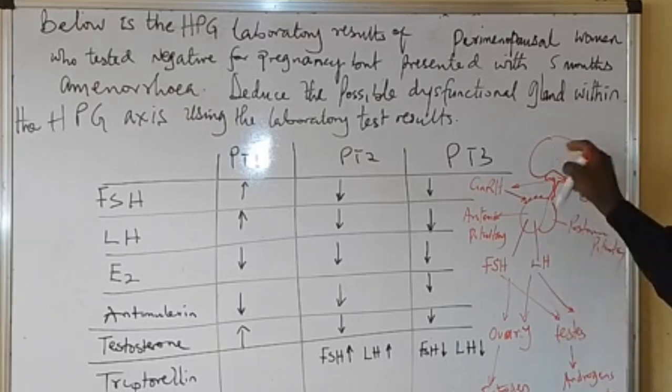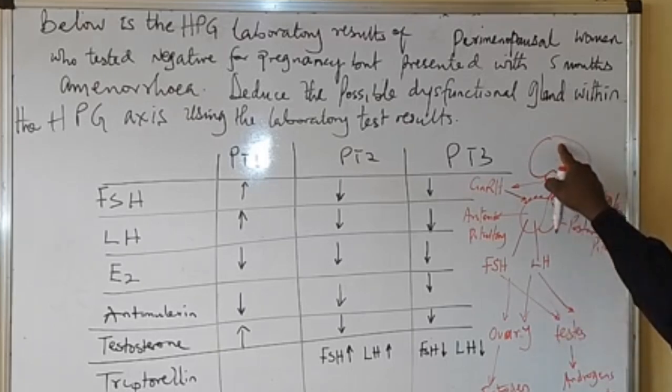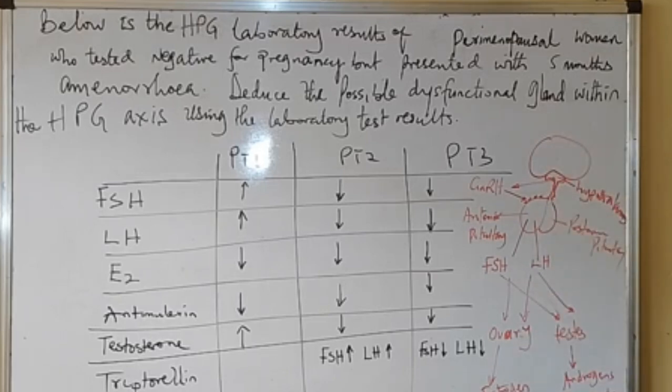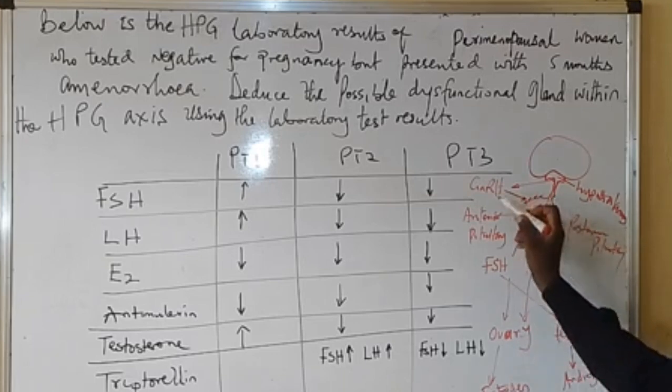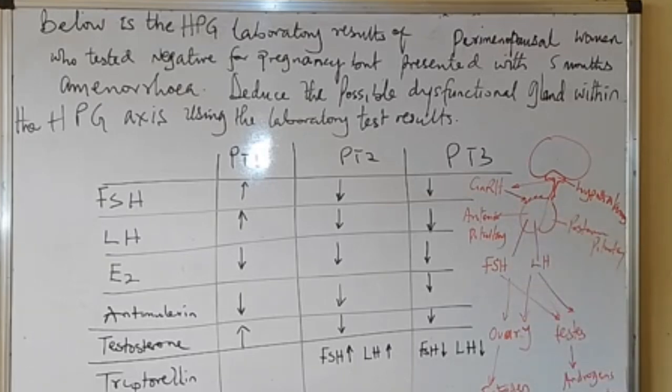So you see that the chairman in the pathway for the regulation of these sex hormones is the hypothalamus. When there are changes in the body that lead to formation of sex hormones, the hypothalamus senses those changes and releases GnRH in response, which is a releasing hormone.